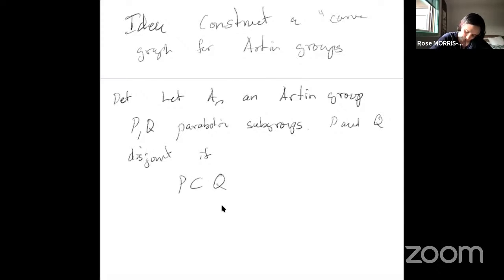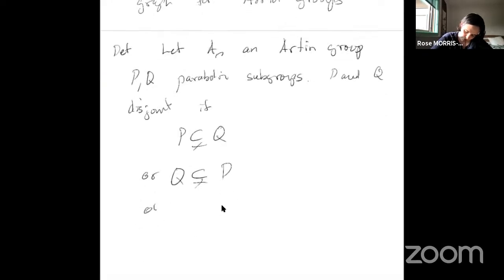P is a subset of Q, but not equal to, or Q is a subset of P, but not equal to, or they're as disjoint as subgroups can possibly be, and they commute.